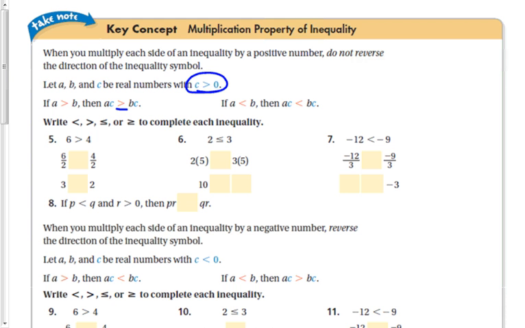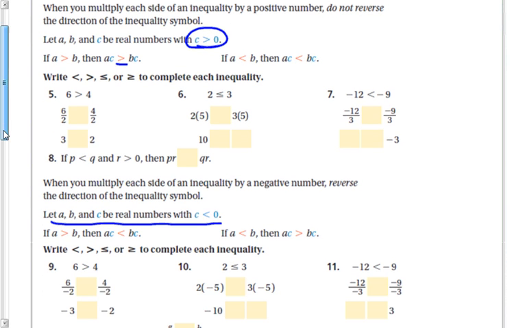If you start with A less than B and multiply by a number less than 0, you end up with the inequality symbol reversed. That's shown right here. Go ahead and fill in these problems and keep that in mind.